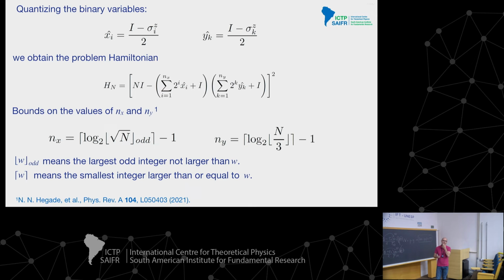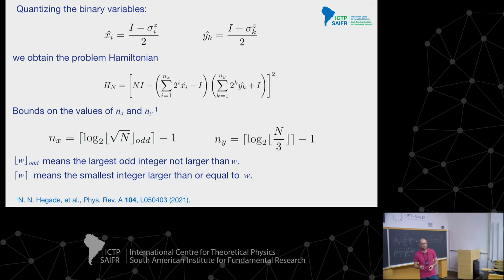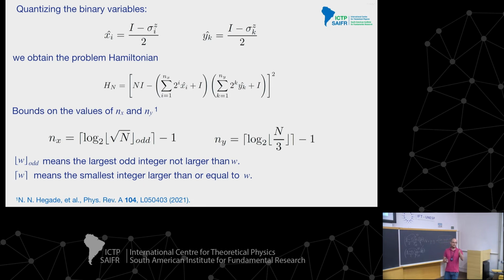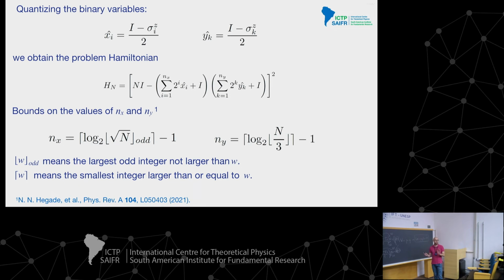So square root is 2 to the power 64, log 2, 64. So 63 for x and y. Okay, I propose that after this talk, we're going to do this exercise, right? Maybe simple, but I didn't do that. I don't know the numbers, just the point.